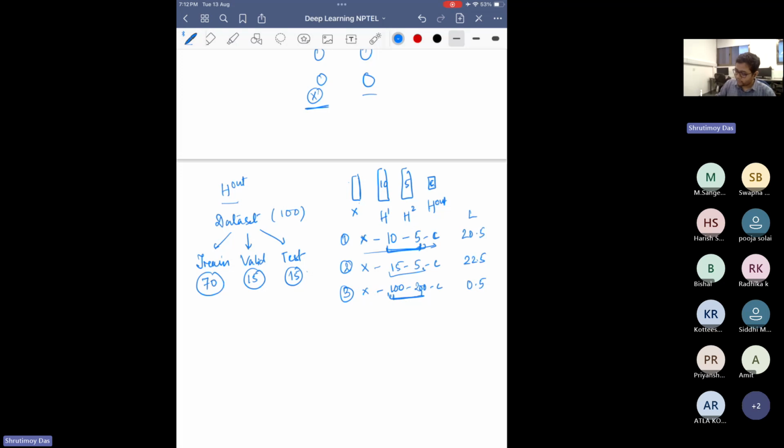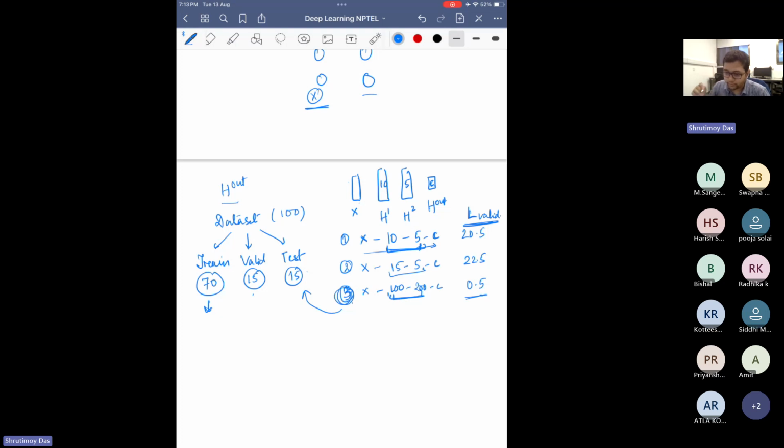You train the model with the 70 data points. Using the 15 validation data points, you get these losses on the validation data set. Now we see that model number 3 gives the minimum validation loss. So you take this model and apply it to the test data set.